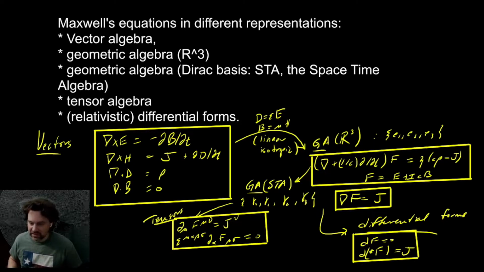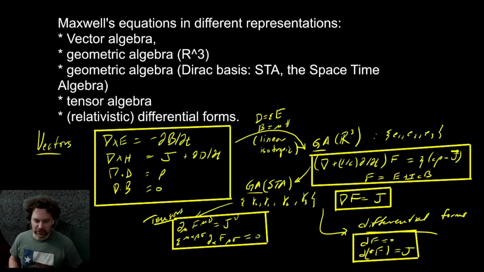I've been lazy with my arrows here, so this is intended to be an arrow. The specific form of the Faraday is electric field plus I times cB.